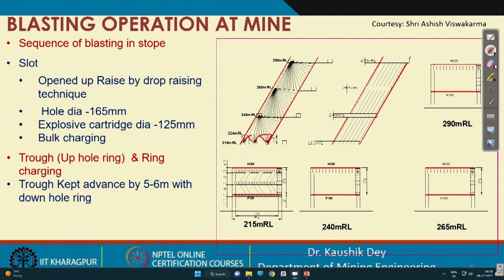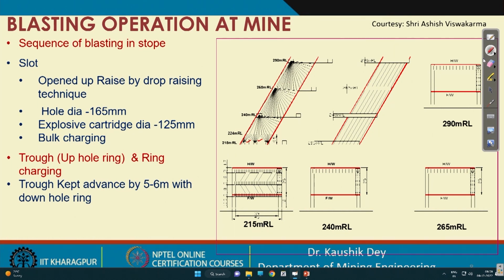After drilling and blasting this one, this portion is now void, there is nothing, only these rock masses are left. So, whatever the material is dropped from here, now this is guiding this into this particular horizontal opening that is made. So, this is acting as the draw level.